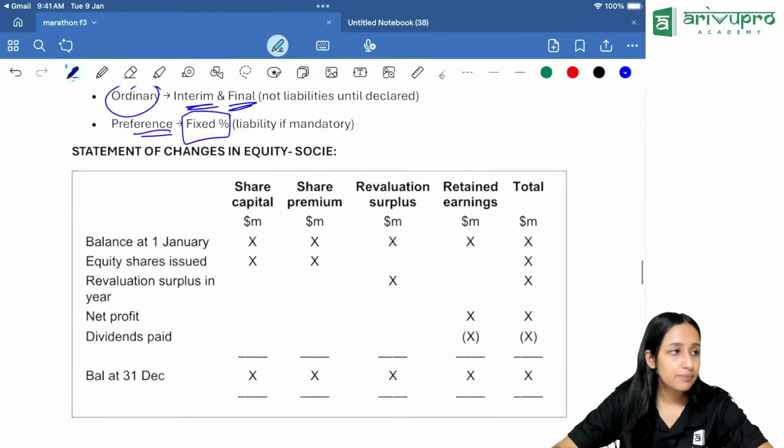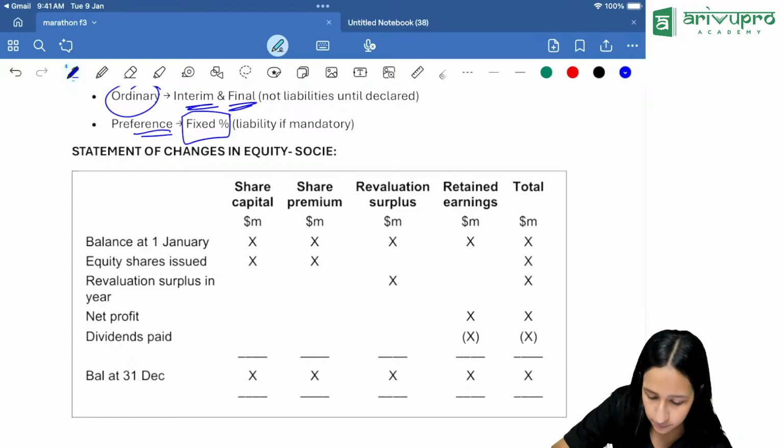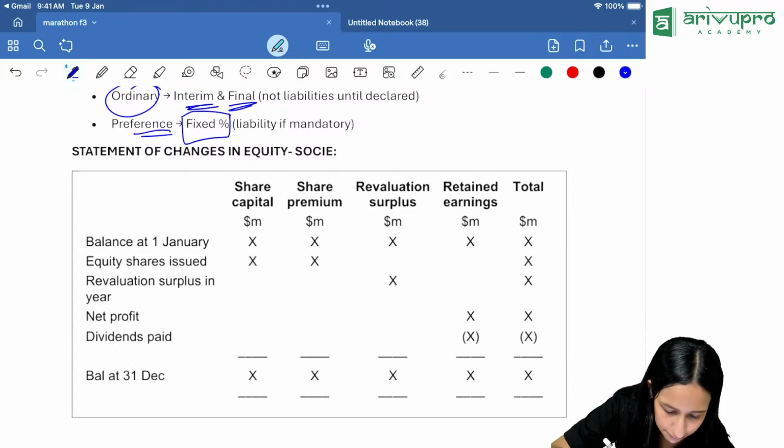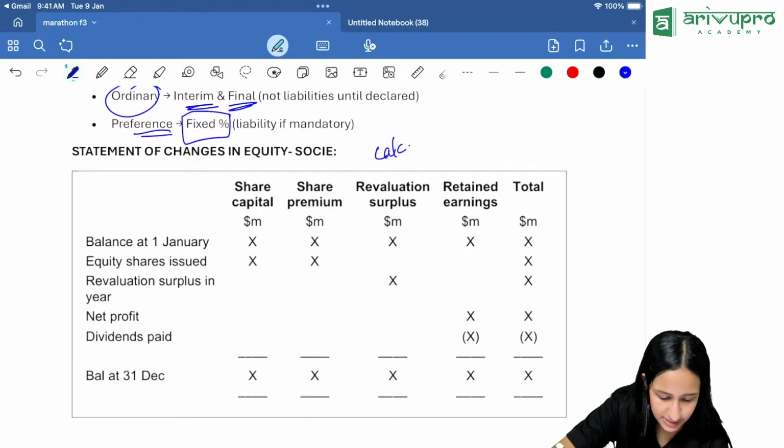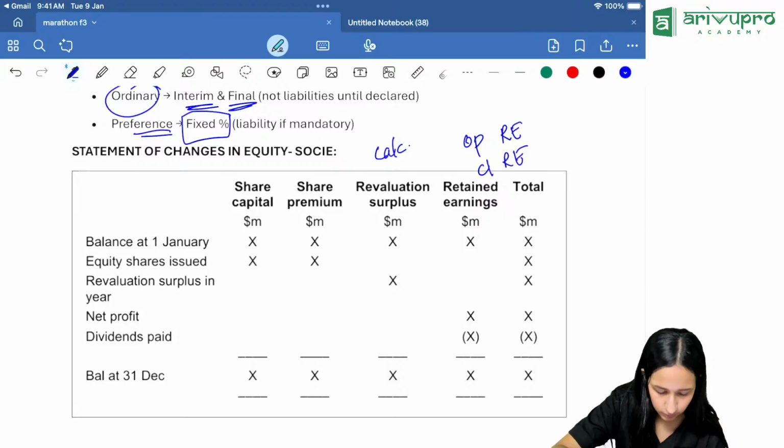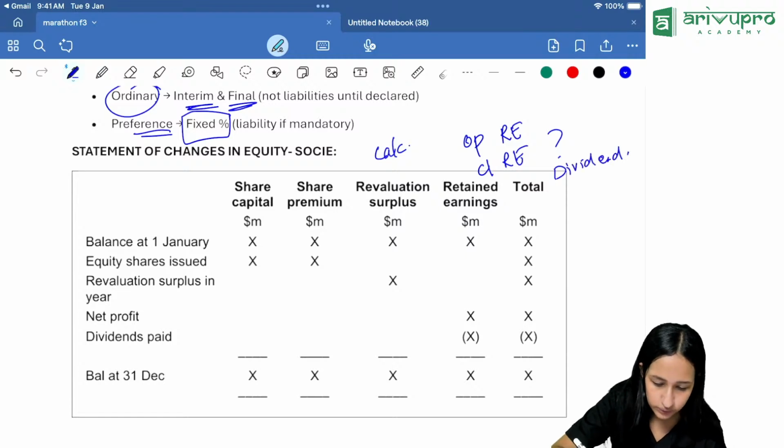This is an important topic, guys. This is how the statement of changes in equity looks. Within this itself, you can do some calculation. For example, sometimes they'll give you opening retained earnings and closing retained earnings, and they'll ask how much is the dividend that you're paying. How will you do that?